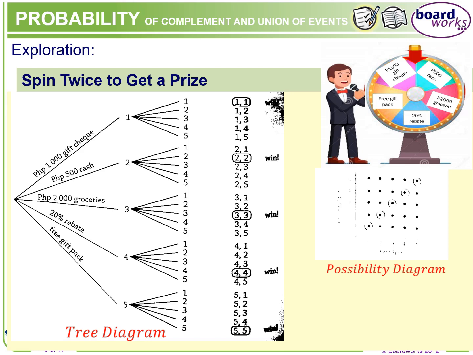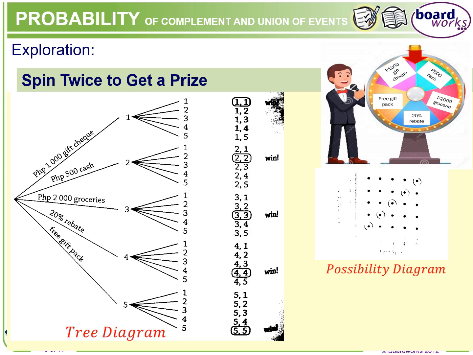In both methods, the possibility diagram and tree diagram, we see that the total possible outcomes is 25, and the favorable outcome is only 5. That means the doubles: 1,1; 2,2; 3,3; 4,4; and 5,5.